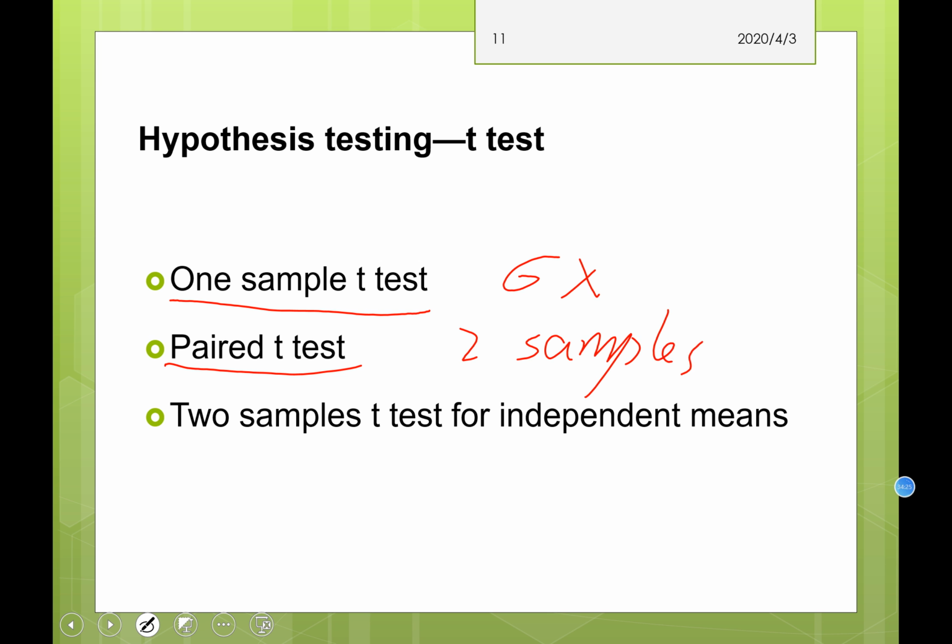And 2 samples t-test for independent means, or we can call it independent samples t-test. Both of these 2 are learned in today's class.